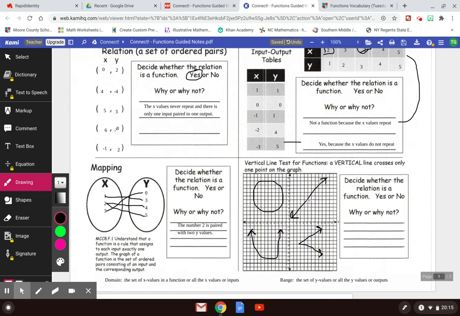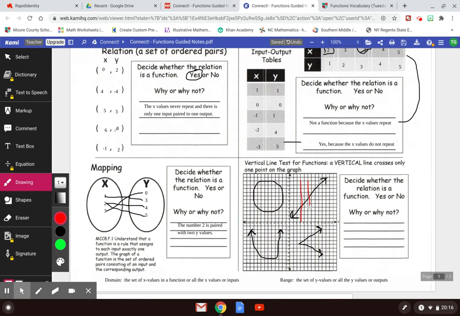So if we're determining if this here is a function, this is the graph that the vertical line can cross only one time. So remember here, x's are my inputs, y's are my outputs. So as I draw the vertical line through this function, if I draw a vertical line here, it only passes one time, which means there's one input for one output.